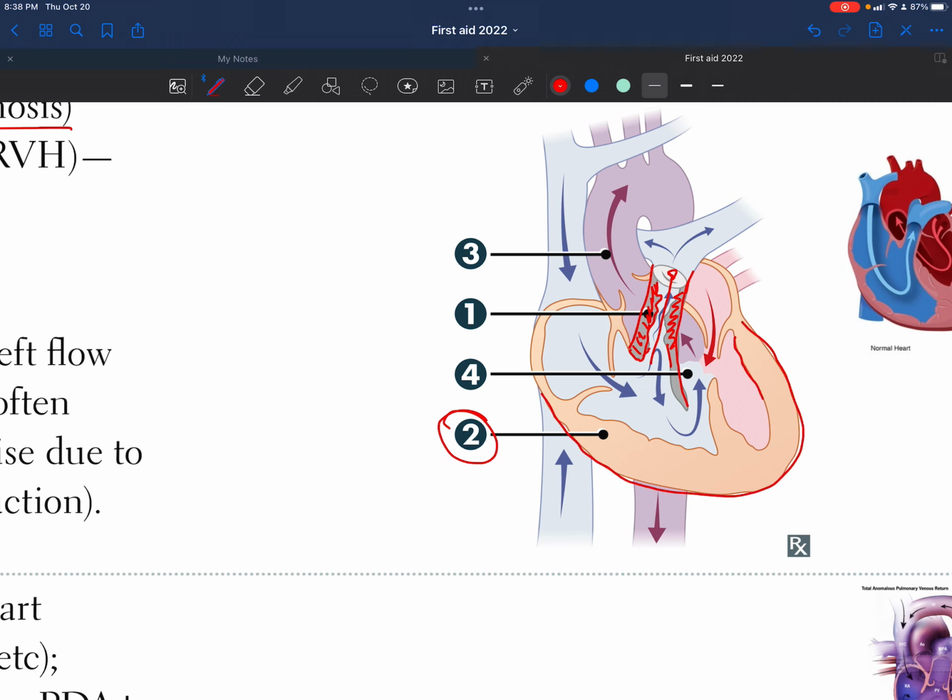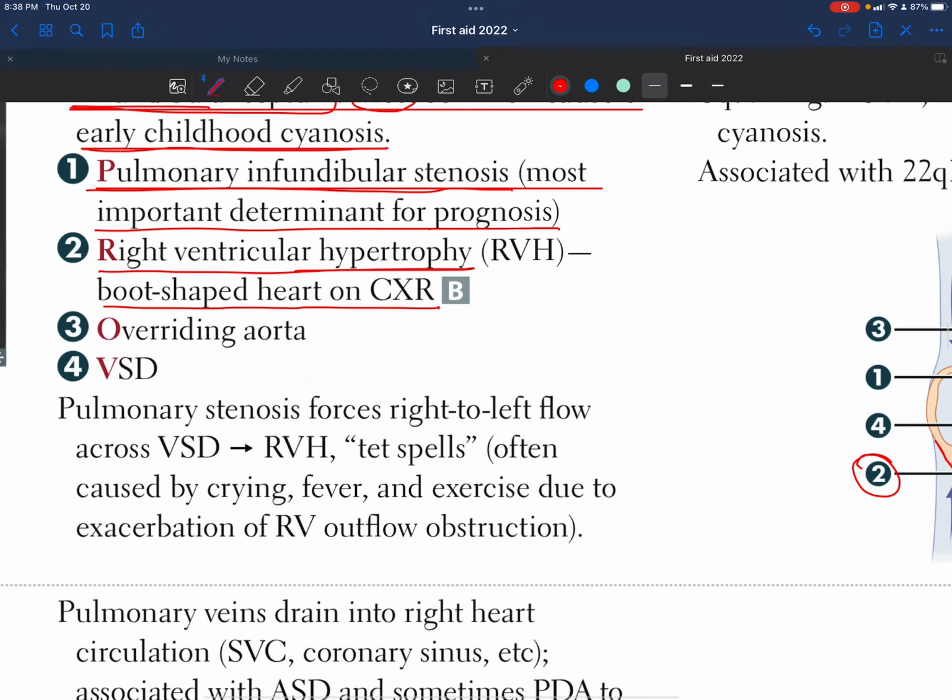We can see what a normal wall looks like here, while this is a hypertrophied wall, the right ventricular wall. This is the abnormal one. So that's problem 2.